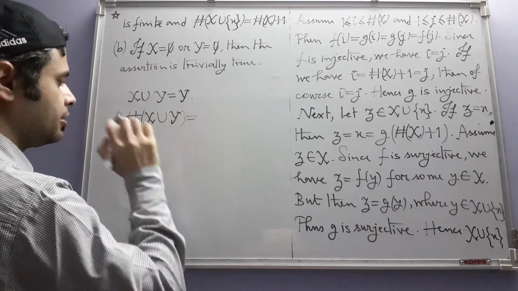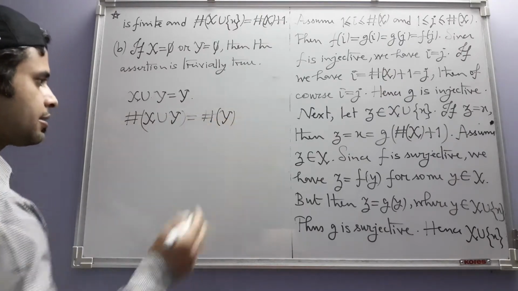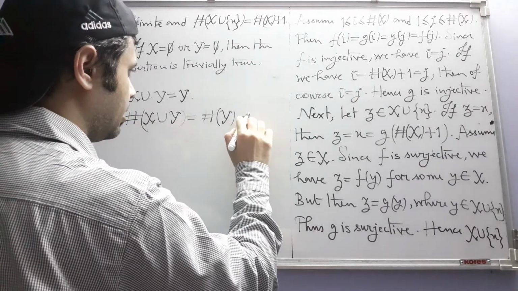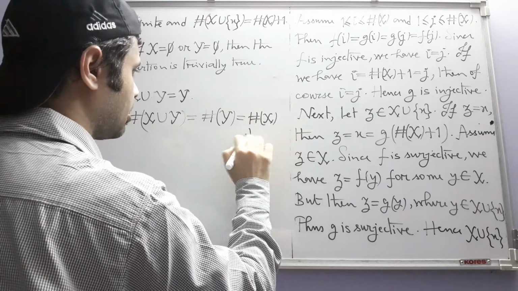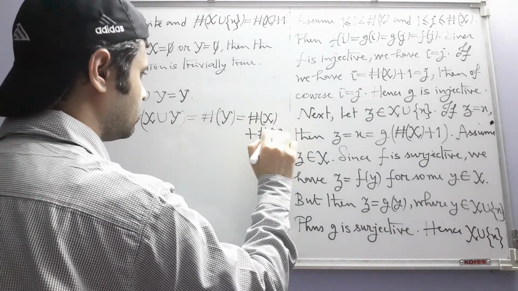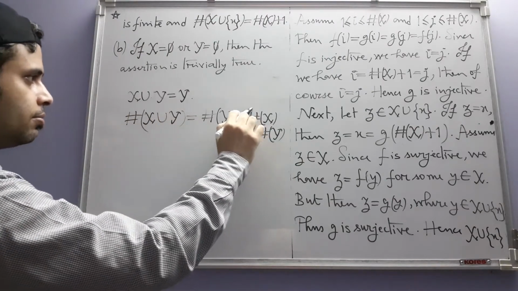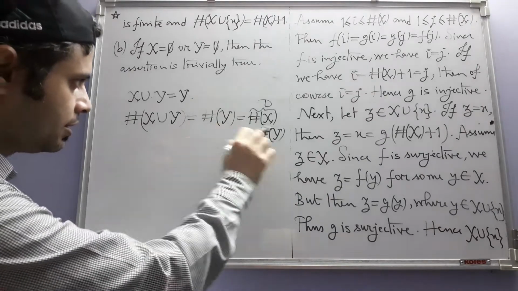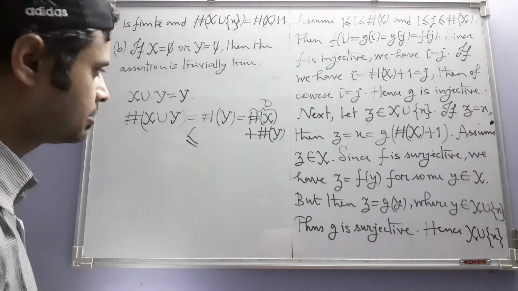Its cardinality is actually equal to the cardinality of y, because these are the same sets, which you can also write as cardinality of x plus cardinality of y. X is empty, so this is 0, and in this case you can see that we are having equality, which is also an inequality like this.